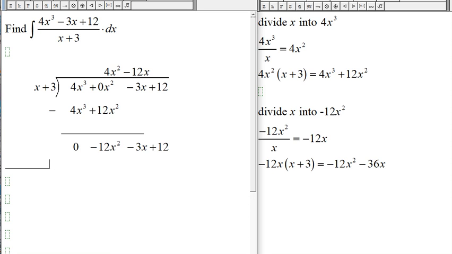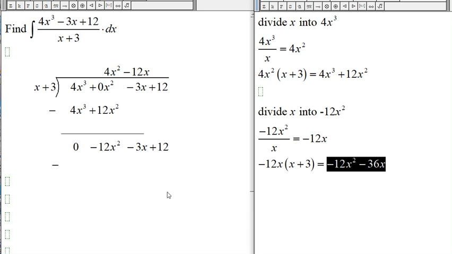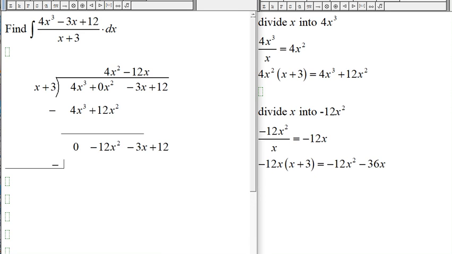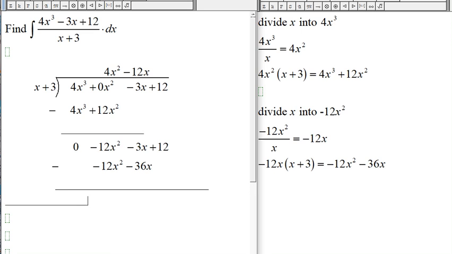Again, this is subtraction. So we have negative 12x squared minus negative 12x squared, so it would be 0.